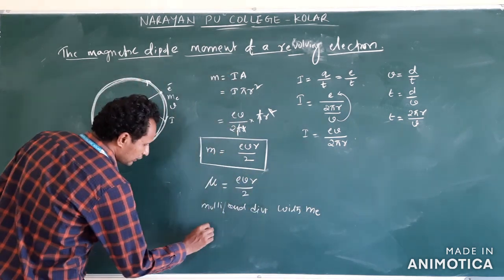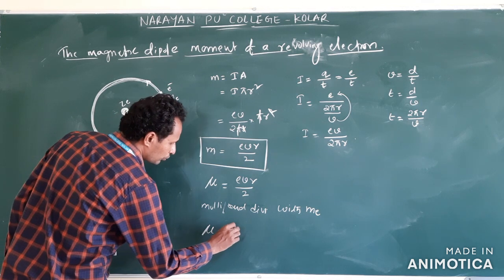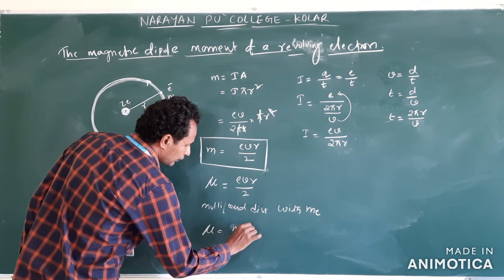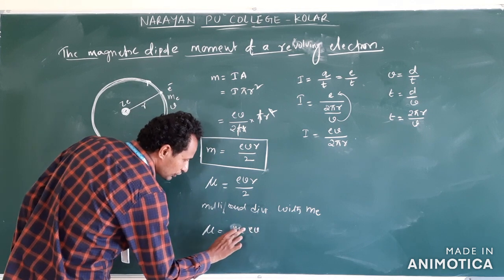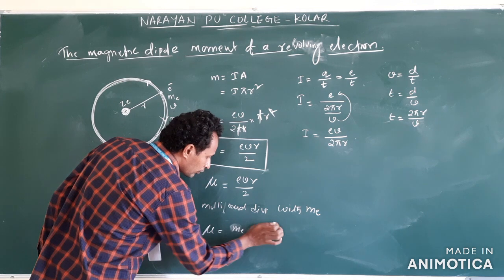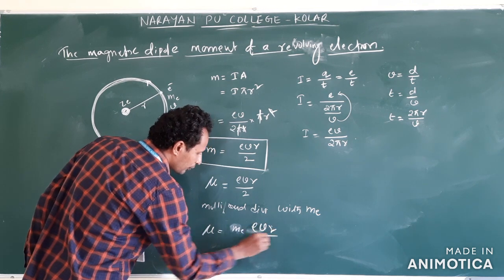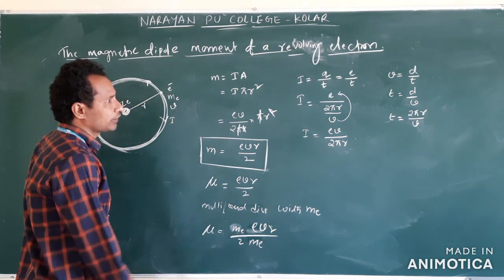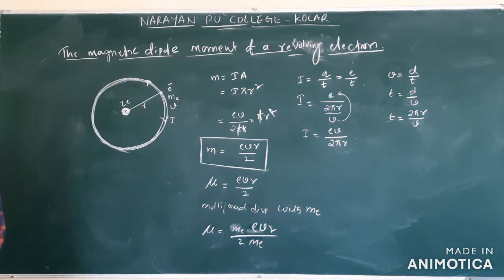Then what do we get? Mu is equal to E ME, don't confuse, the mass of the electron has a small suffix, MV, EVR by 2 ME. Clear?